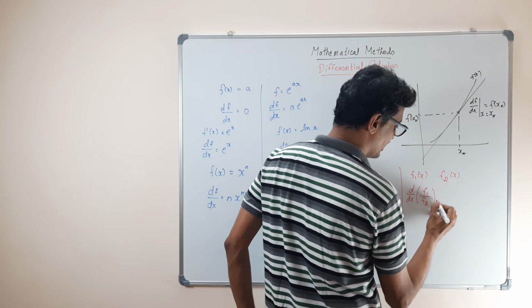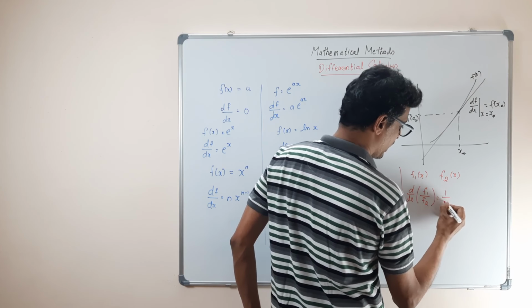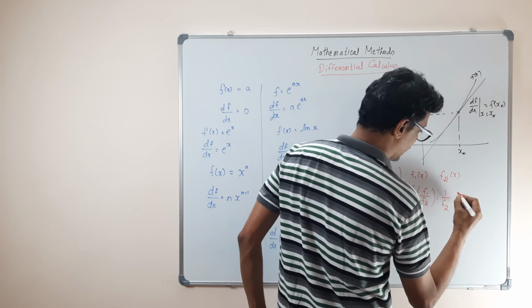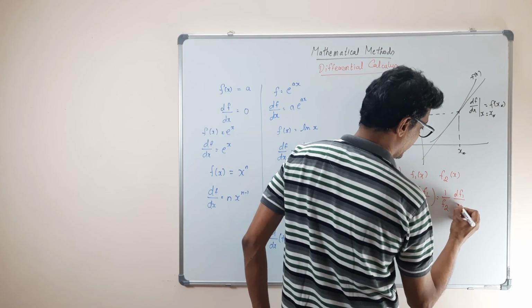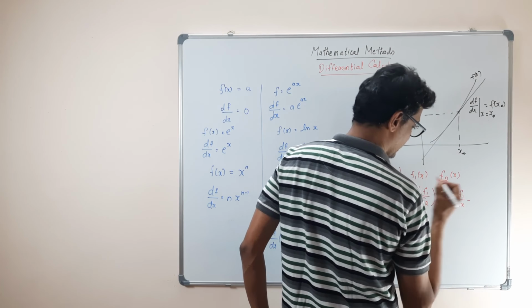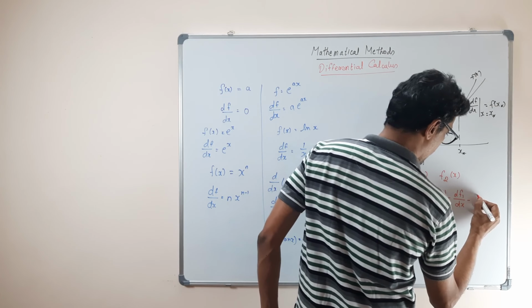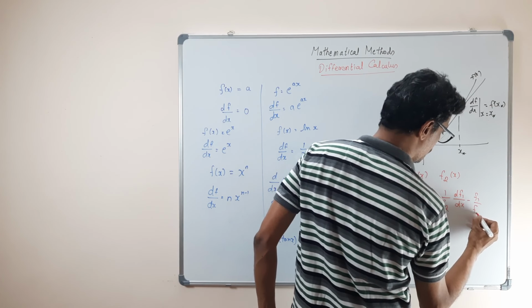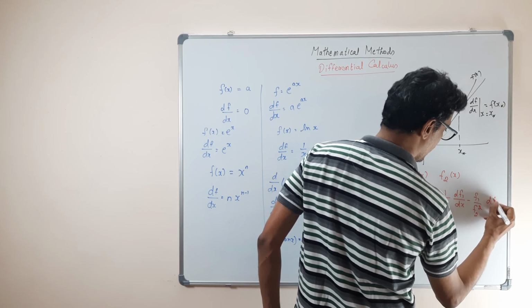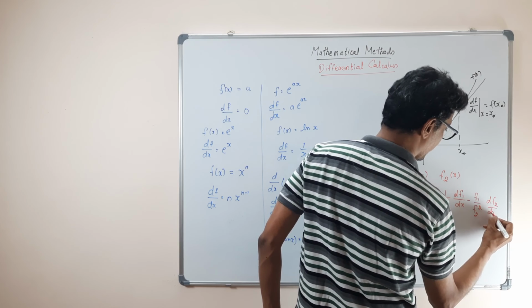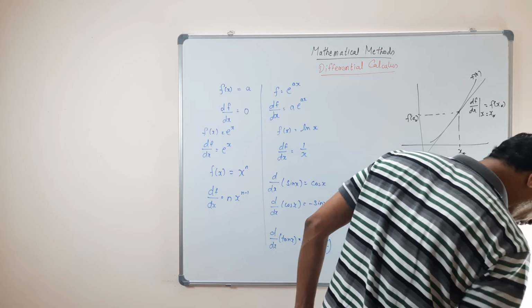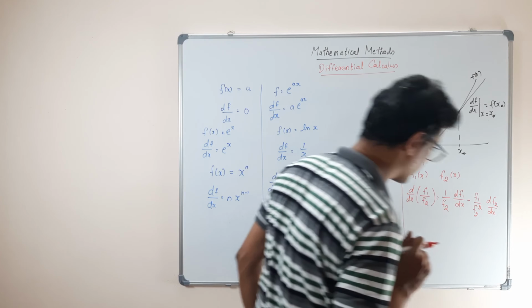We wrote it as 1 by f2 into df1 by dx minus f1 by f2 square into df2 by dx. You remember this?